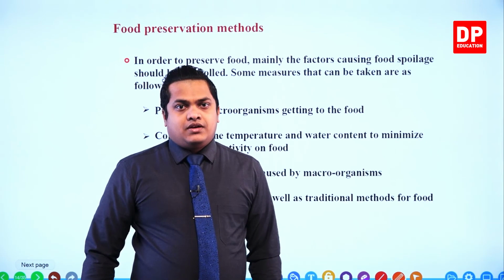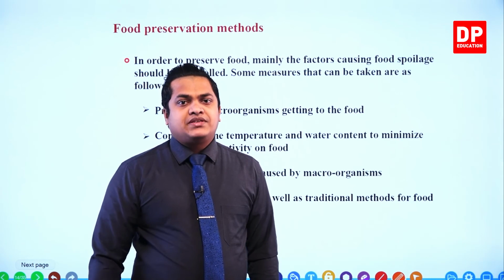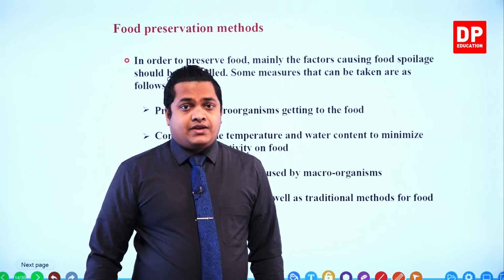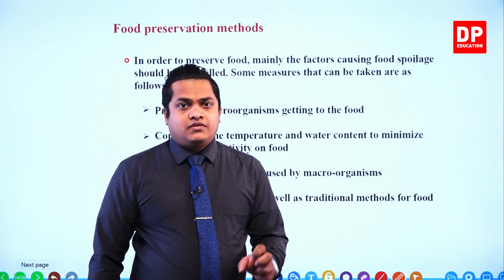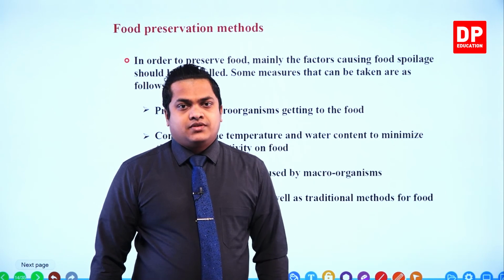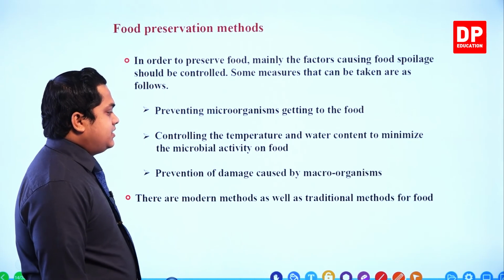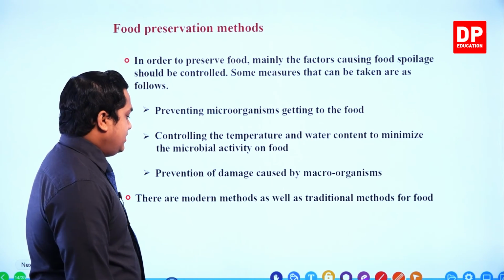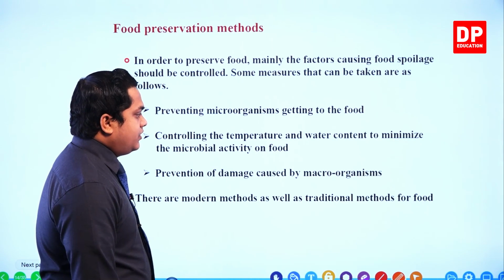By minimizing these things, or minimizing them up to a certain extent, we can preserve food. We can't keep it for a longer time period, like a lifetime, but however, we can save food for a few days. So my dear children, there are modern methods as well as traditional methods for food preservation.